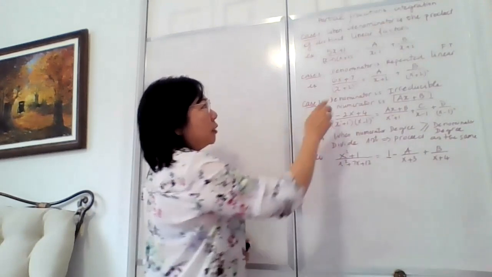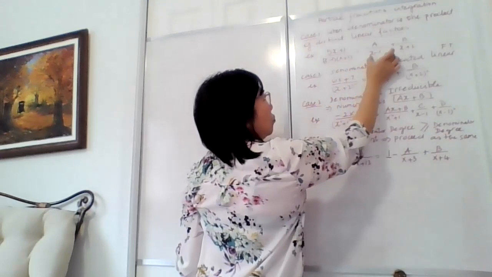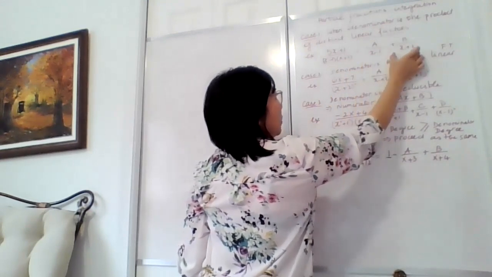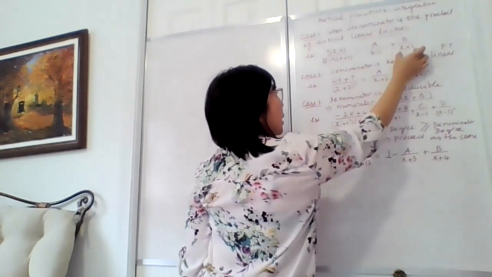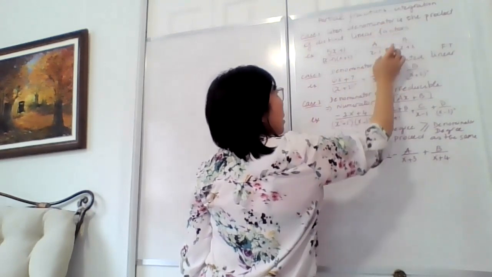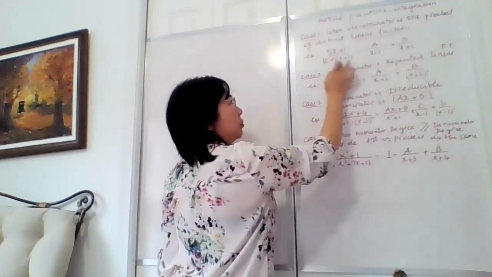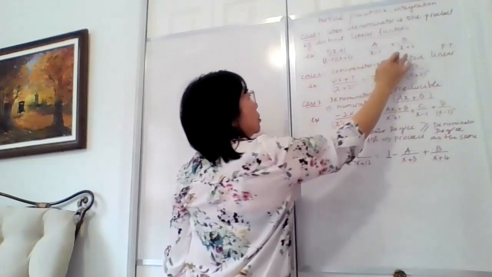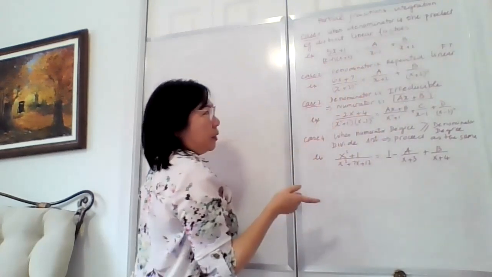But we know that if we add the fractions, which is we do a common denominator, this letter A will be multiplied with x plus 2, because at the bottom we have to multiply with this expression to get back to the same denominator. So then on the top we do the same. It's just like adding fractions with a common denominator.